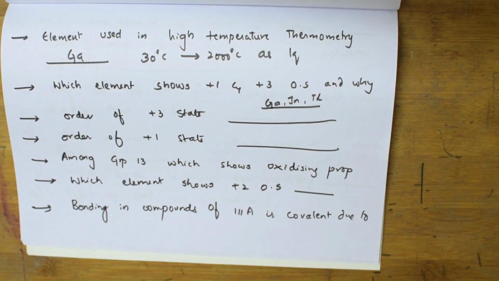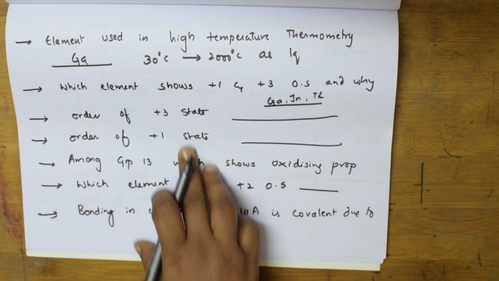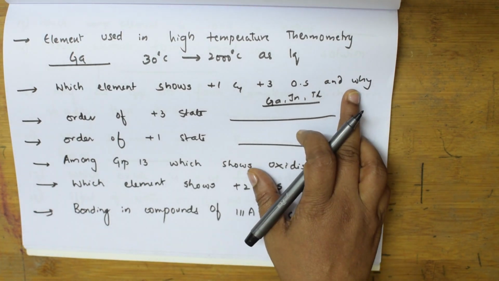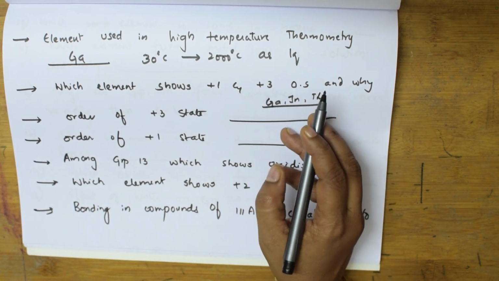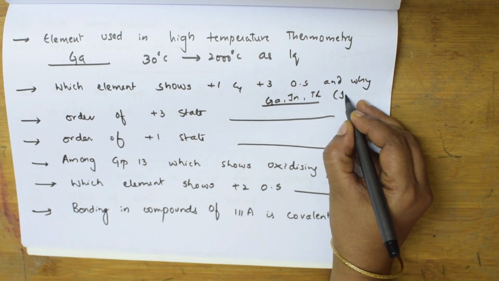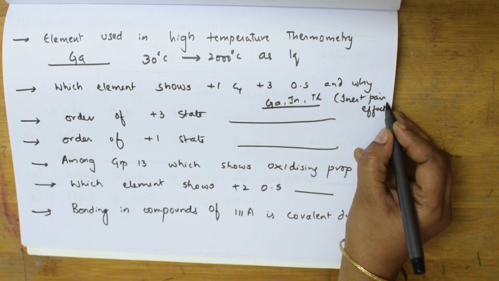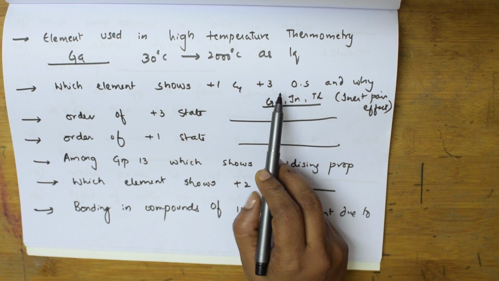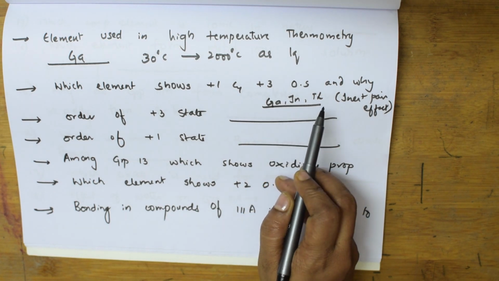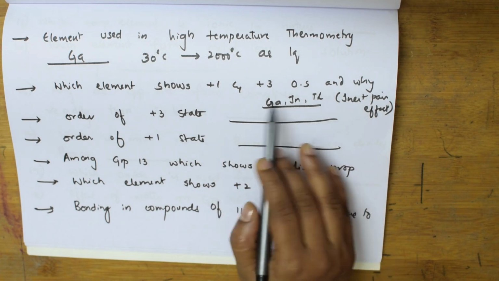These three show +1 and +3 oxidation states, right? What is the reason? Basically it is due to the inert pair effect. I already made a video on the inert pair effect, please watch that. So if they ask you about +1 and +3 oxidation states, you can write gallium, indium and Tl. Basically +3 is common, but among these they also show +1.